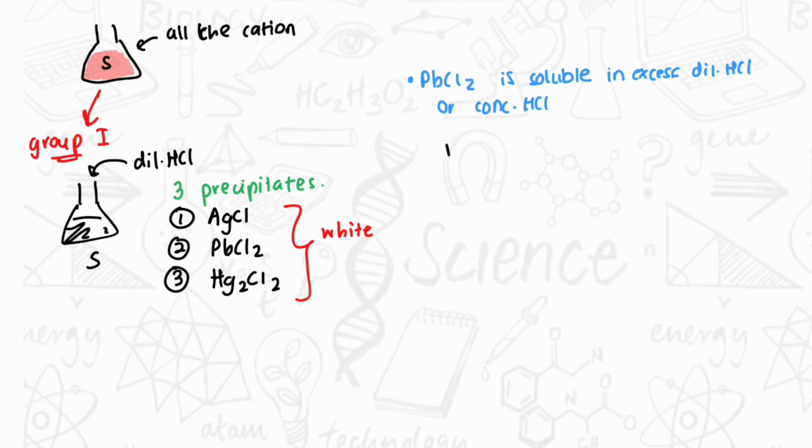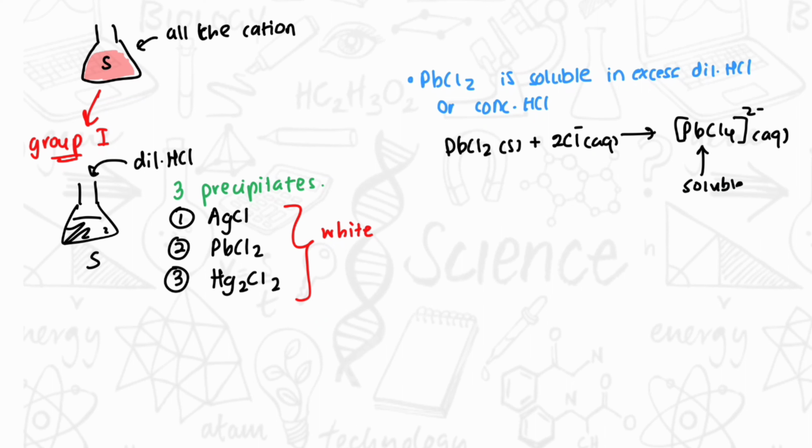This is because lead chloride will react with chloride ions to form a complex ion which is soluble in water, right? This is soluble. Because of this, Pb2+ ions will still remain in the media unprecipitated.